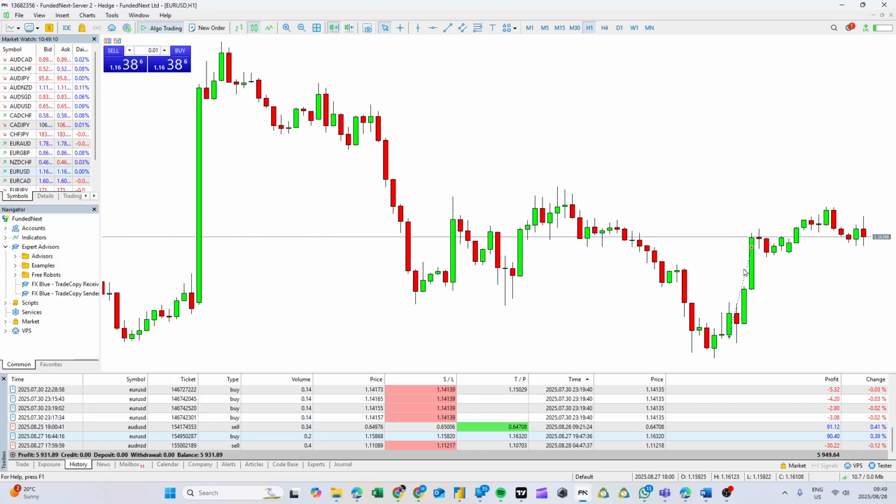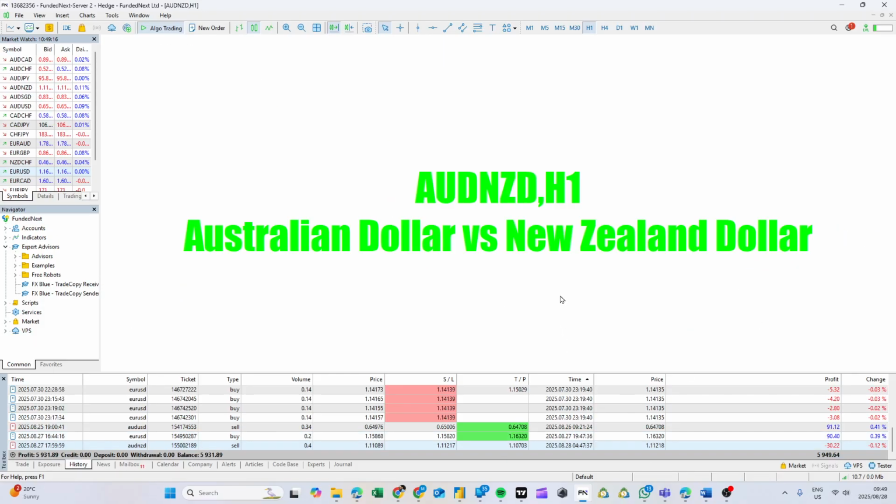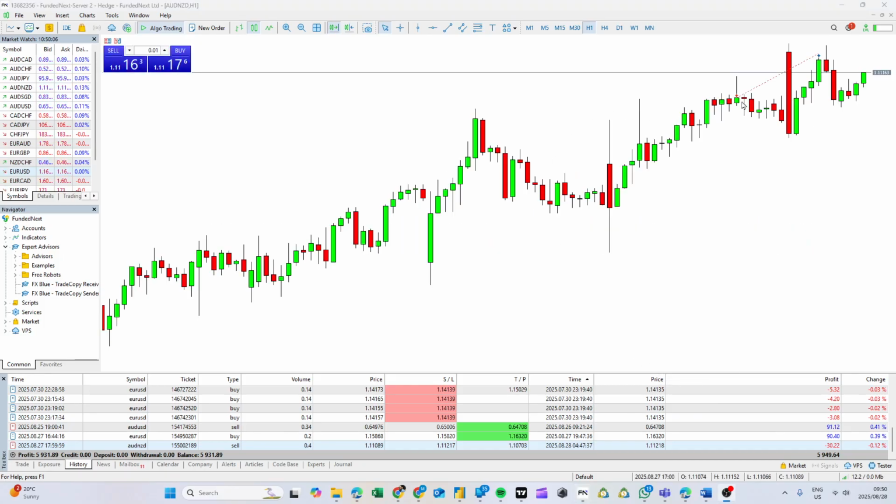Entry here just went all the way up, a nice 1 to 3, and this is the AUDNZD trade, which unfortunately ended up as a loss, but that's just part of the game, so no hard feelings. I took my trade right here, it went up and took me out for a loss.